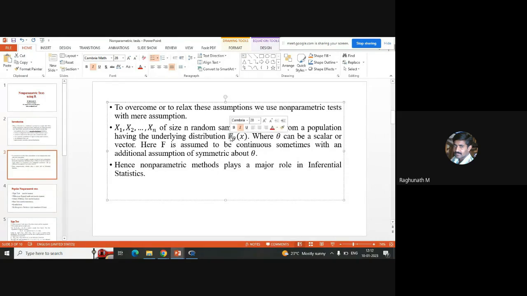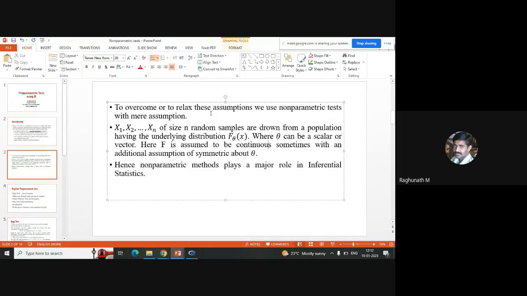In most cases, f is assumed to be normal, or it can be any other specified distribution. But in the non-parametric sense, we don't assume what the underlying distribution is.